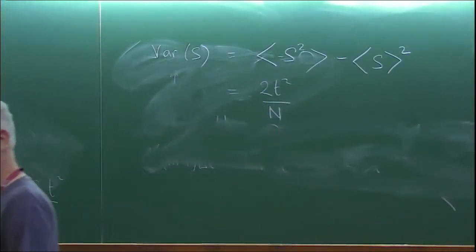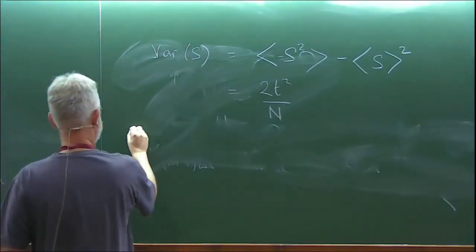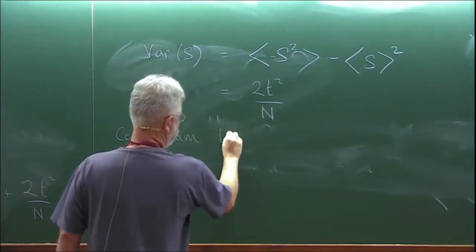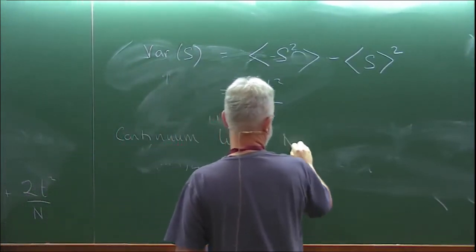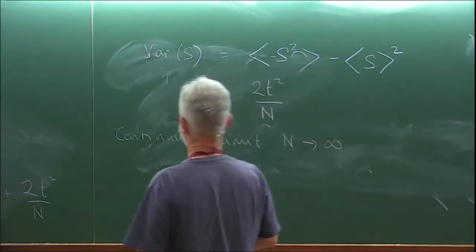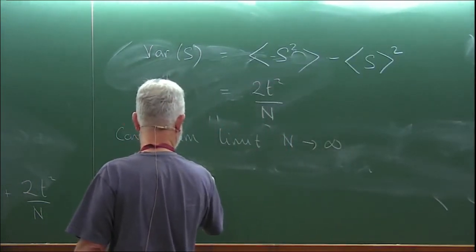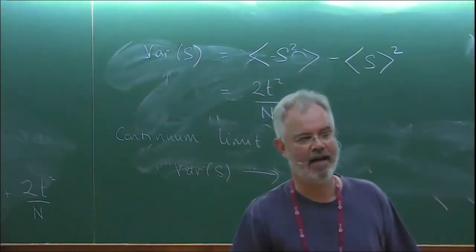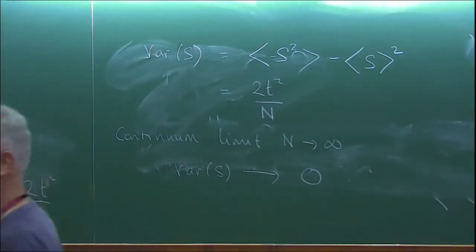So if I go to the continuum limit, that means that n goes to infinity, okay? What I actually find is that the variance of S goes to 0. Okay? So what do you call a random variable with variance 0? Is it an interesting random variable or is it a boring random variable?